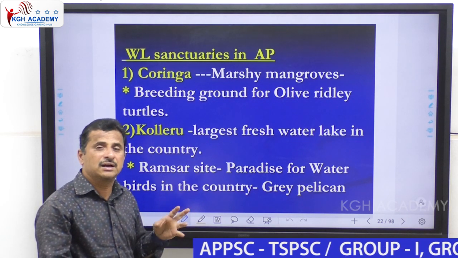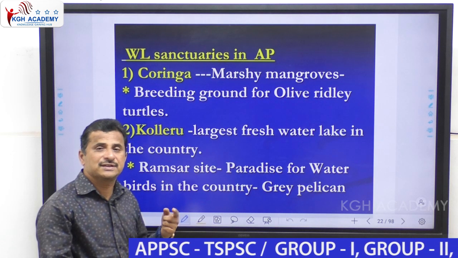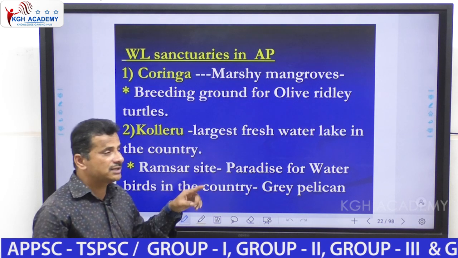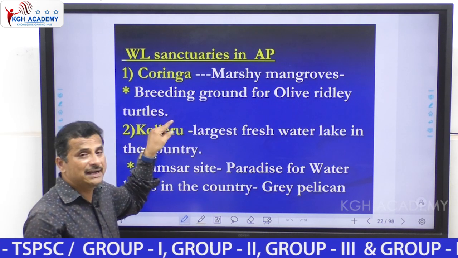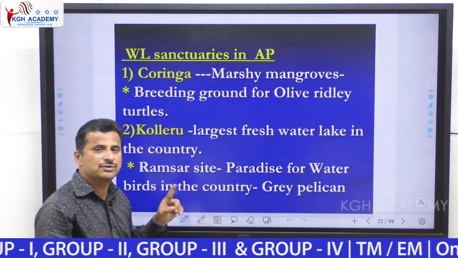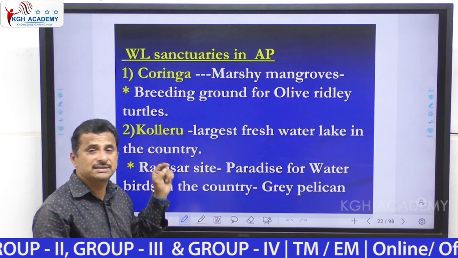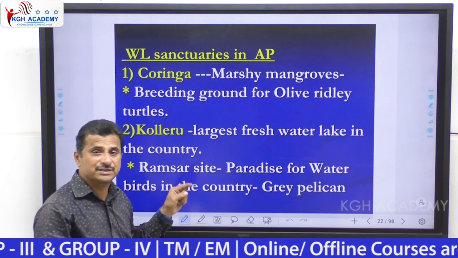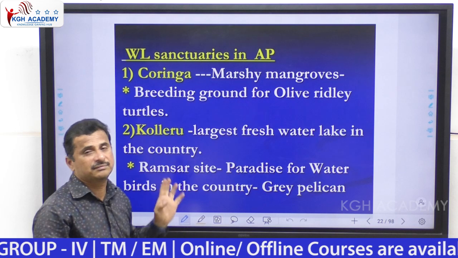Compared to Telangana, Andhra Pradesh wildlife sanctuaries contain more biodiversity and more specialties. So that's why I am giving wildlife sanctuaries in AP. Very important. From this also you can expect one question, and these are important in geography also. So you can expect questions in geography form also.